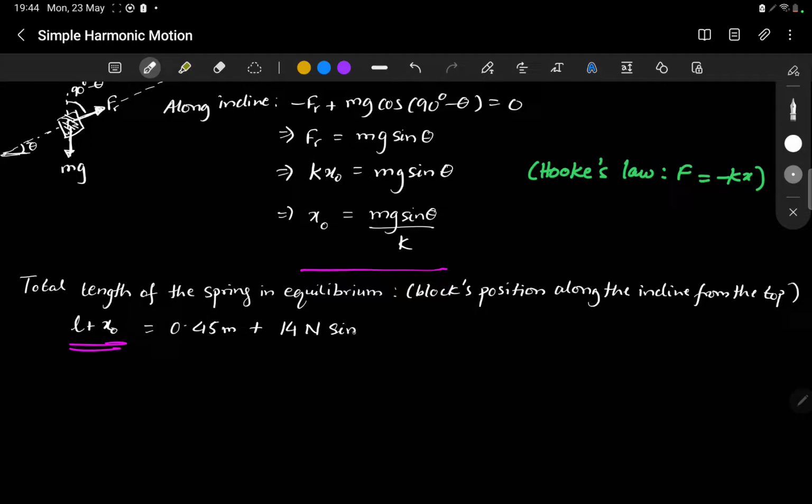Sine theta is sine of 40 degrees. And k is nothing but 120 Newton per meter. So if we plug these values in a calculator, we get roughly 0.0525 meters.